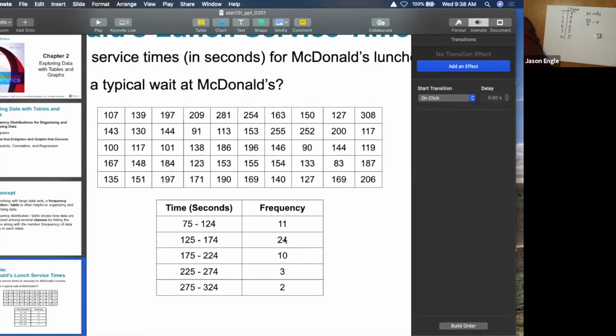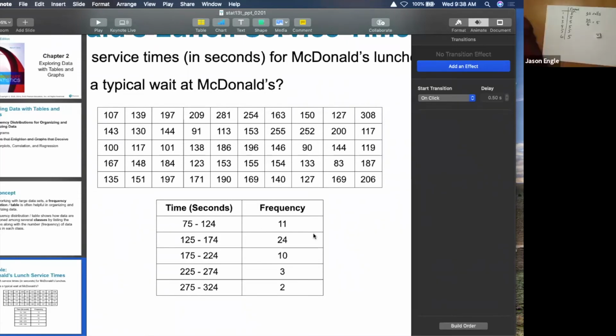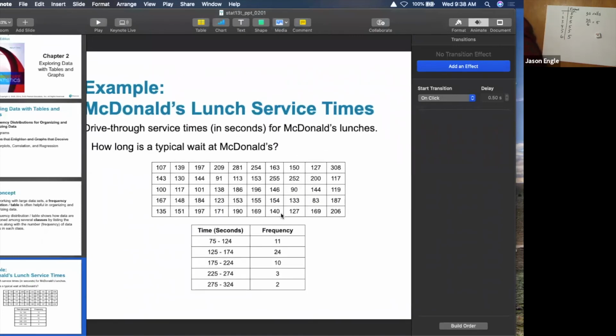I can now see that most of them are actually specifically in the range of 125 to 174. And although it does from time to time get as high as 200, that's very rare. And in fact, it was never less than 75 seconds. So it's debatable, but I think if I want to be able to just look at the data and immediately have a sense of how the numbers are distributed, I think the frequency table is preferable.